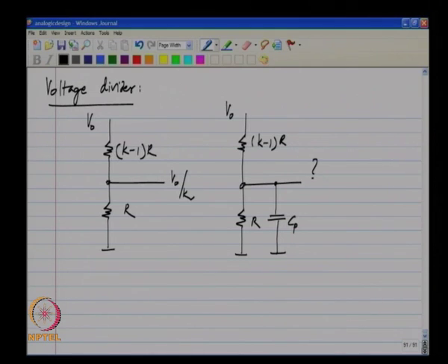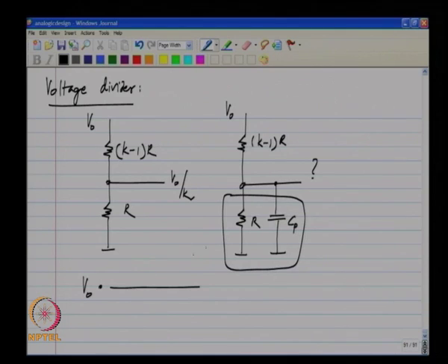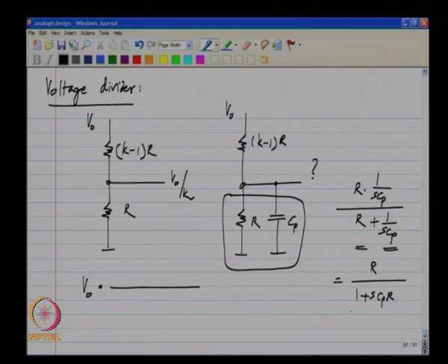If I have V naught here, what comes out here? You can again use the voltage divider formula to get the result. The voltage that comes there is V naught times the impedance of this part of the circuit, and the impedance of this part of the circuit is R times 1 by SCP by R plus 1 by SCP, that is a parallel combination of R and 1 by SCP, and this is equal to R by 1 plus SCP R. Okay.